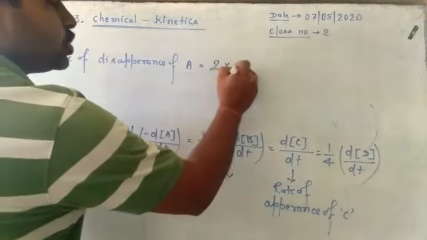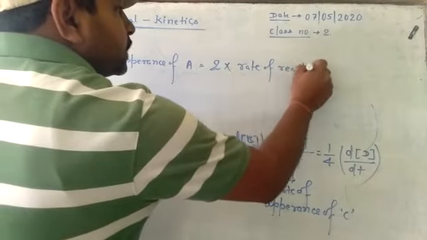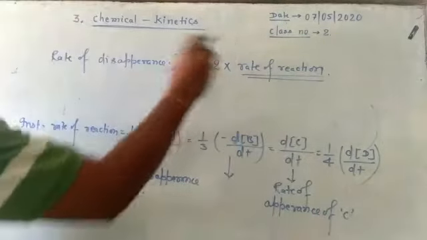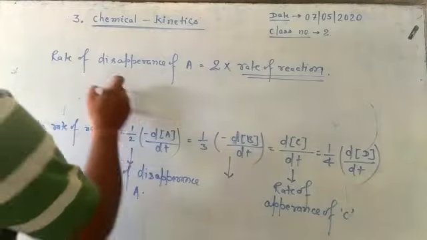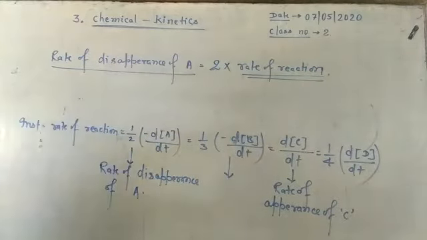So the answer is 2 into rate of reaction. Here the rate of reaction is given in your question, so you calculate the rate of disappearance of A.